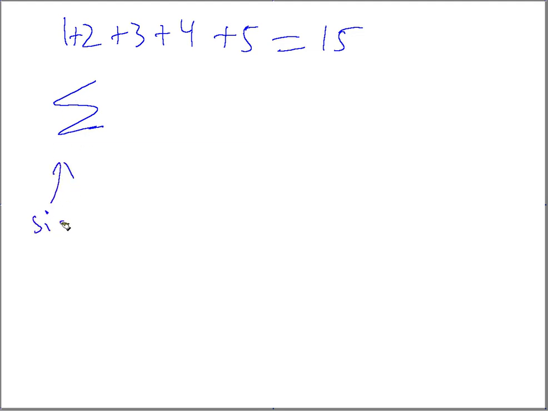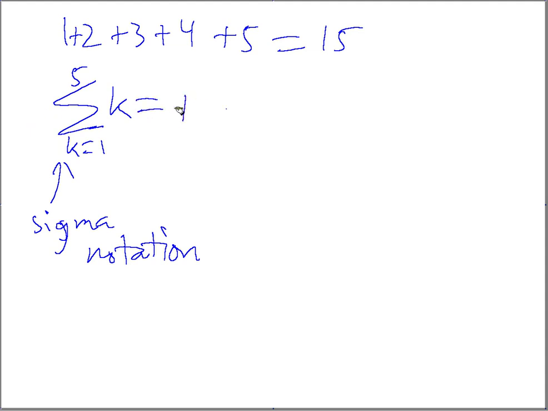This is called sigma, the Greek letter sigma notation. When you see this notation, you're thinking addition, you're thinking series, right? Of, let's say, k going from 1 to 5. I'm adding 5 numbers here of k, all right? So that's what this is. 1 plus, when k is 1, you plug it in. So when k is 1, the term is 1.